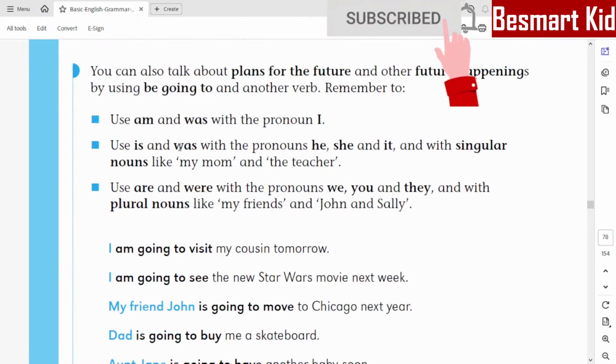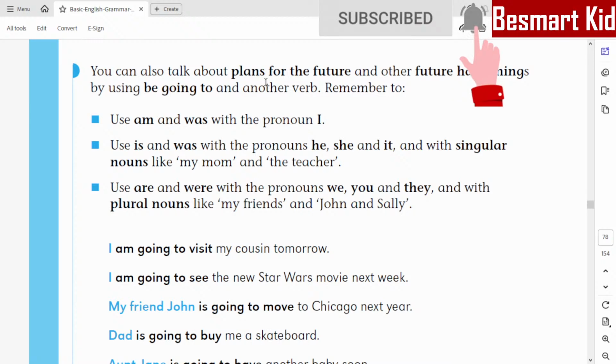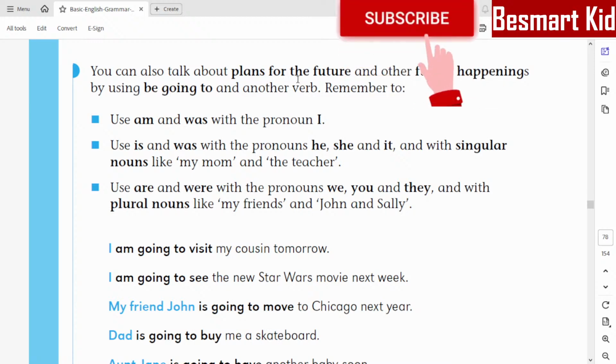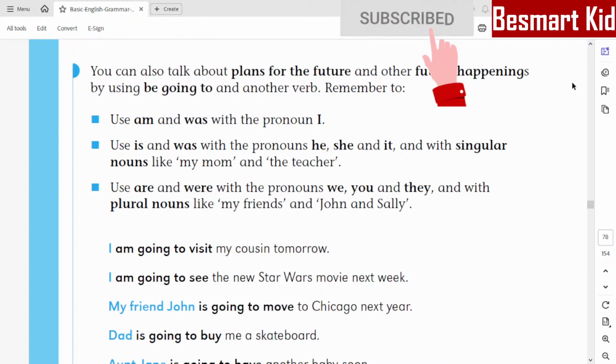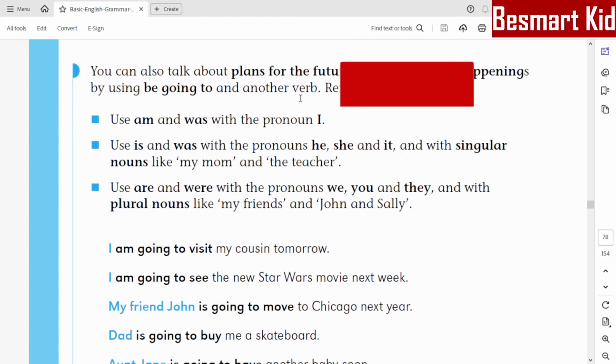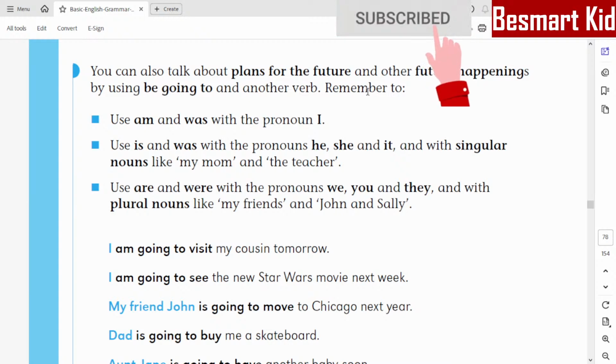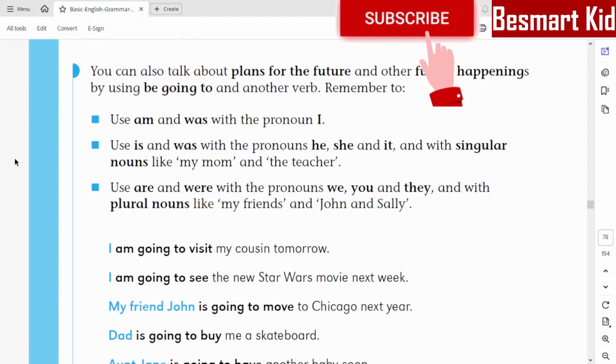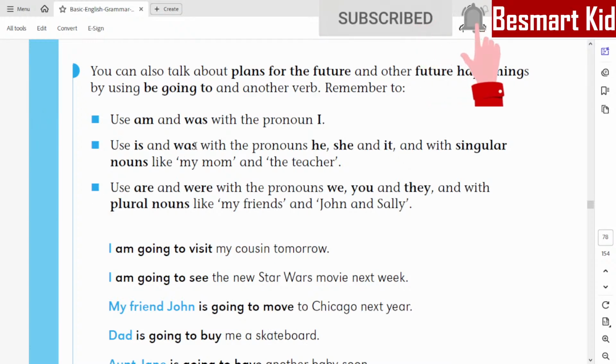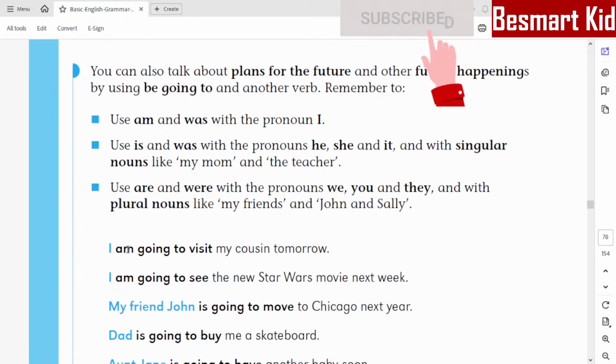You can also talk about plans for the future and other future happenings by using be going to and another verb. Remember to use am with the pronoun I. Use is with the pronouns he, she, and it, and with singular nouns like my mom and the teacher.